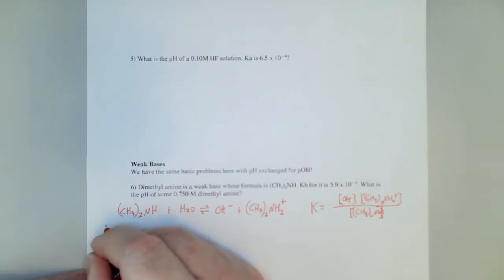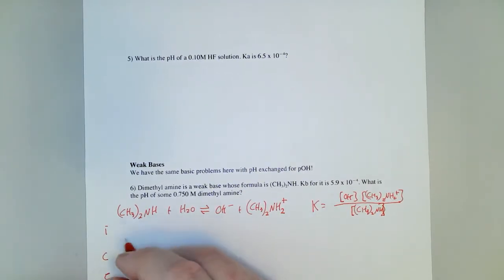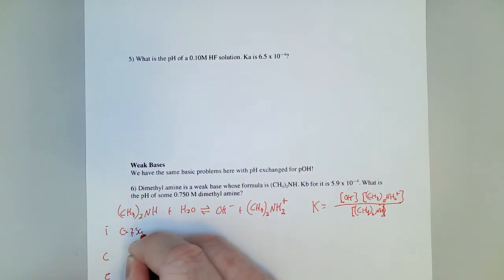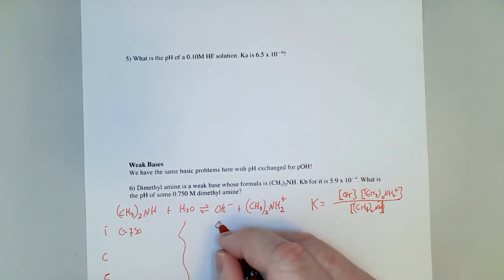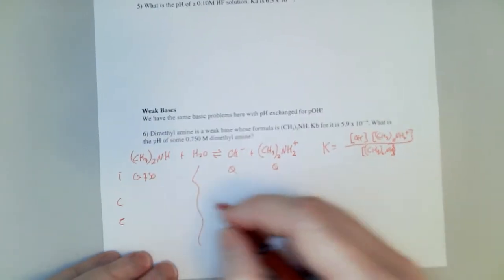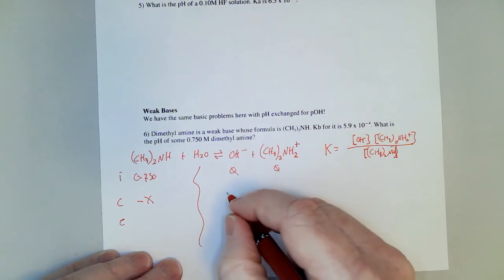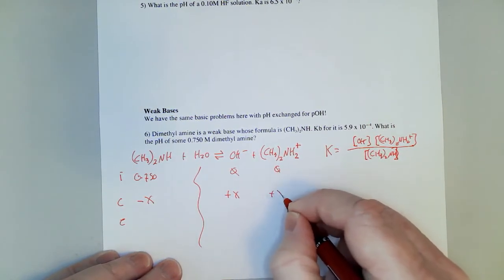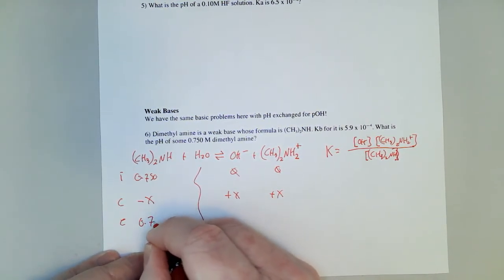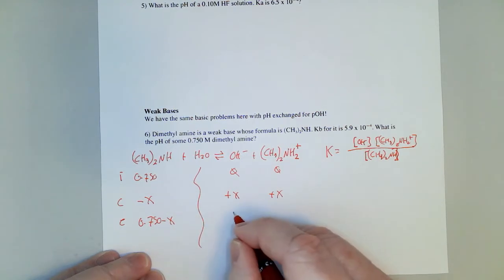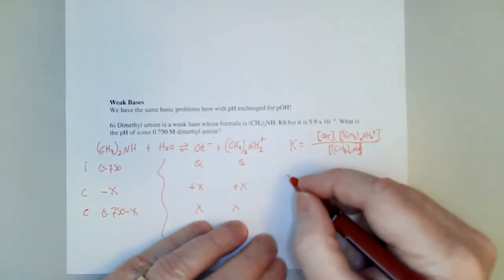Okay, going to do an icebox. 0.750, we can ignore the water. These are 0 to start with. Minus x, still keeping everything to 1-to-1 ratios for the time being. 0.750 minus x, x and x.